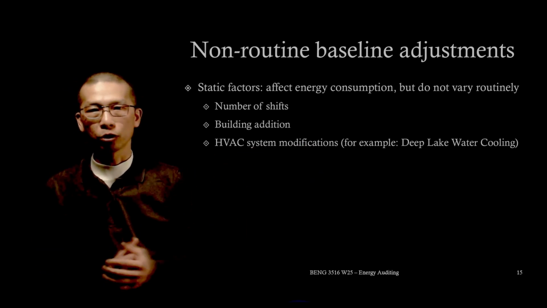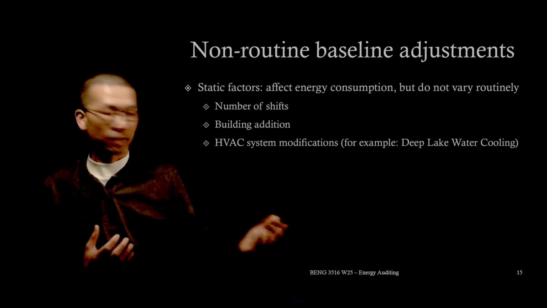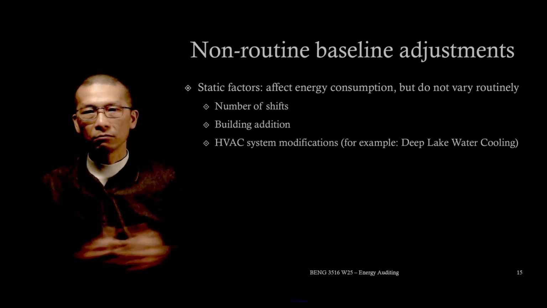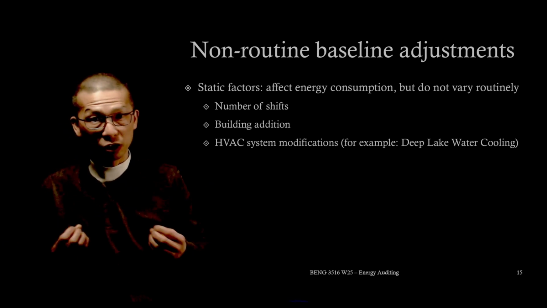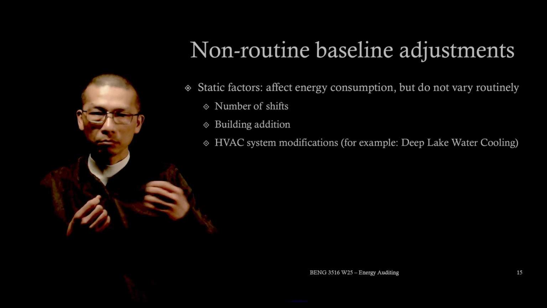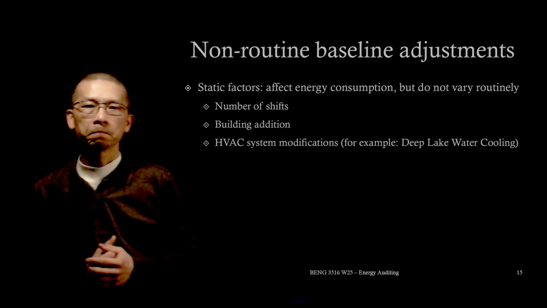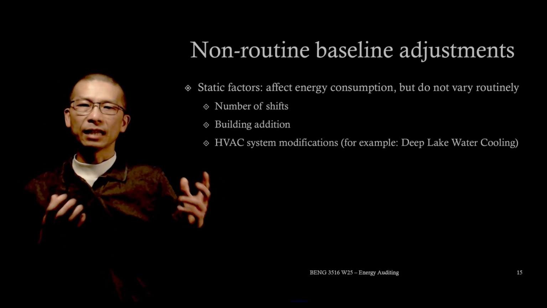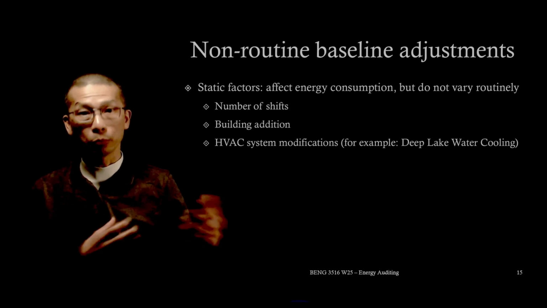Well, that's a big change, and it doesn't happen all the time. Or again, like we mentioned before, a new addition to the building, a major renovation, major modifications to a system, building envelope, HVAC. So these factors are not part of the day-to-day seasonal variations. They must be accounted for separately.